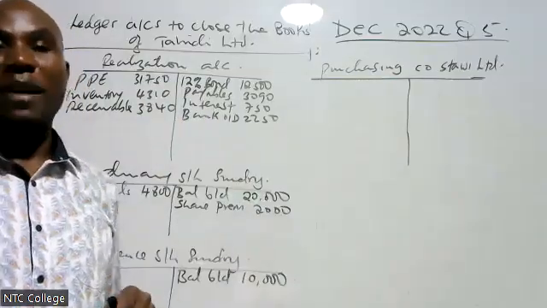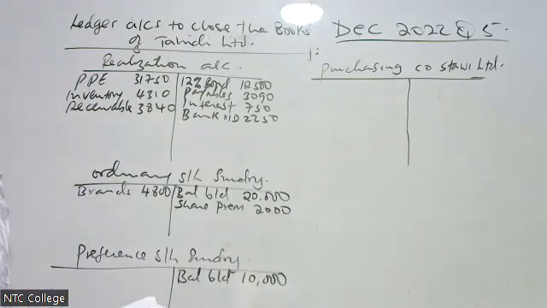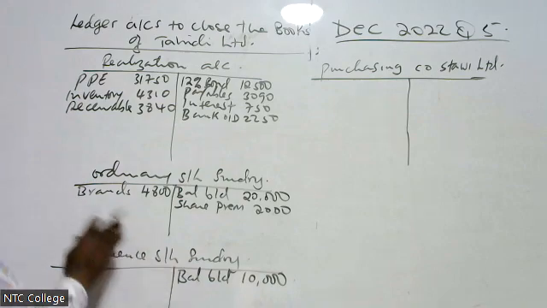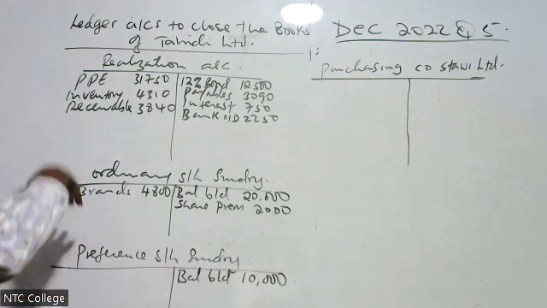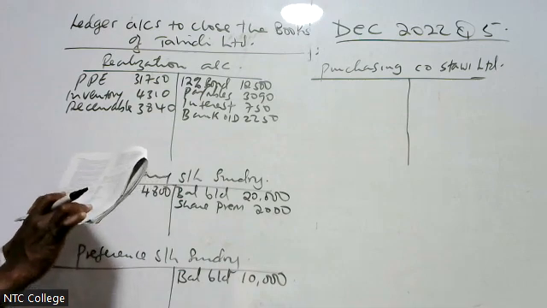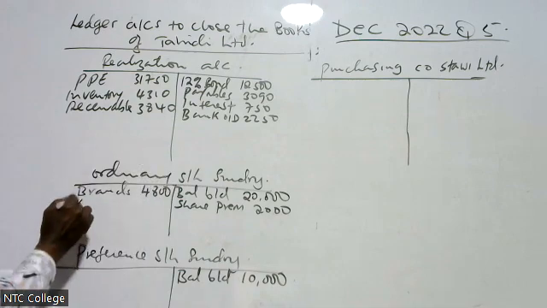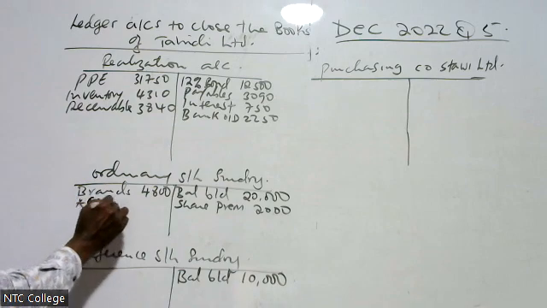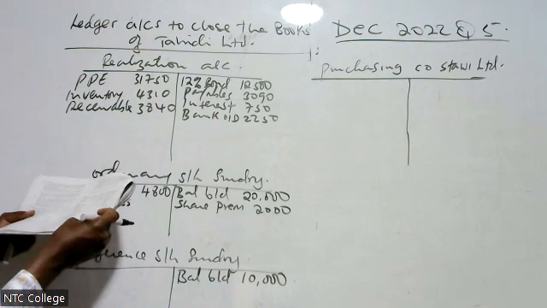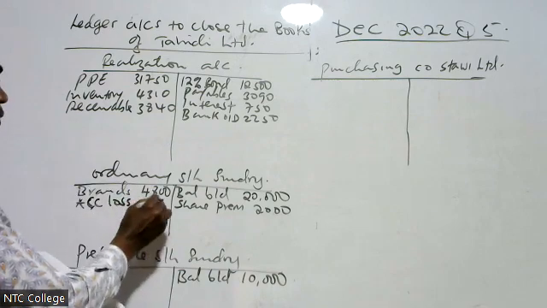Therefore, let's jump note number 4. We go to note number 5. Note number 5, we say, with the accumulated loss written off, you debit ordinary shareholder, you credit P&L. Therefore, when I check in the balance sheet, there is an accumulated loss. Accumulated loss of how much? Of 5,890.